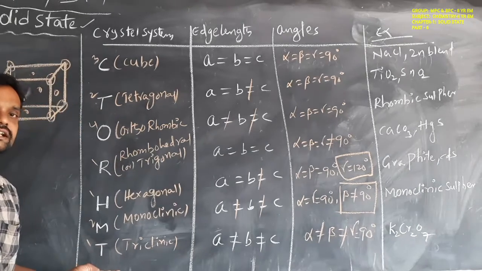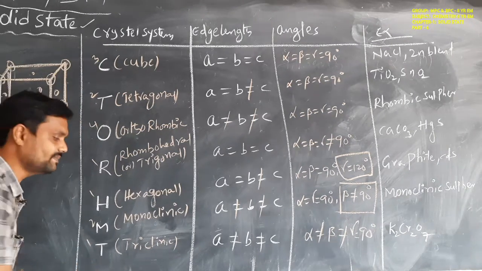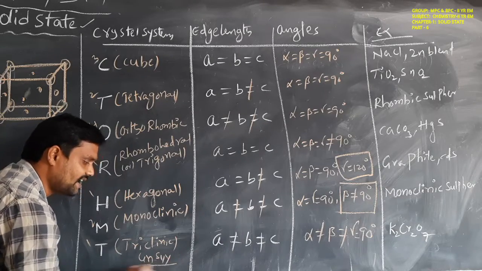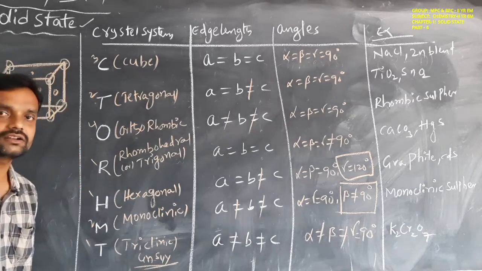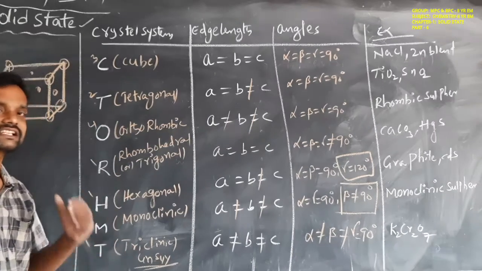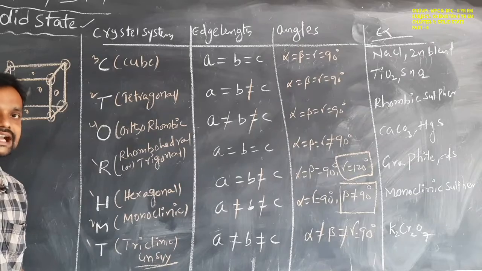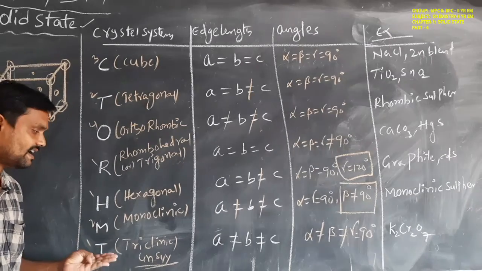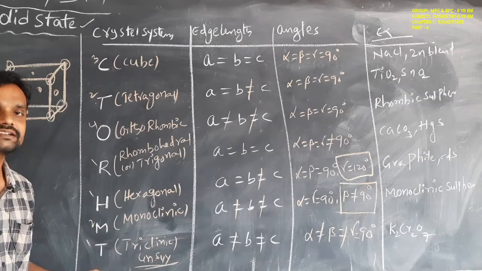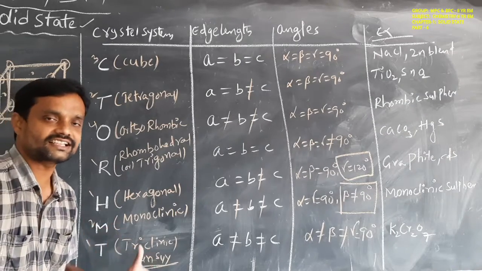And the last one is the most unsymmetrical. In two-dimensional, the parallelogram is most unsymmetrical. Like that, in three-dimensional, the most unsymmetrical crystal system is the triclinic crystal system. Most unsymmetrical means all edge lengths are not equal.